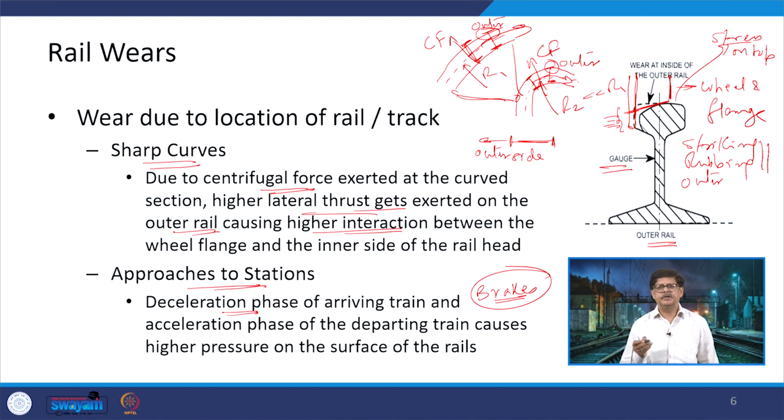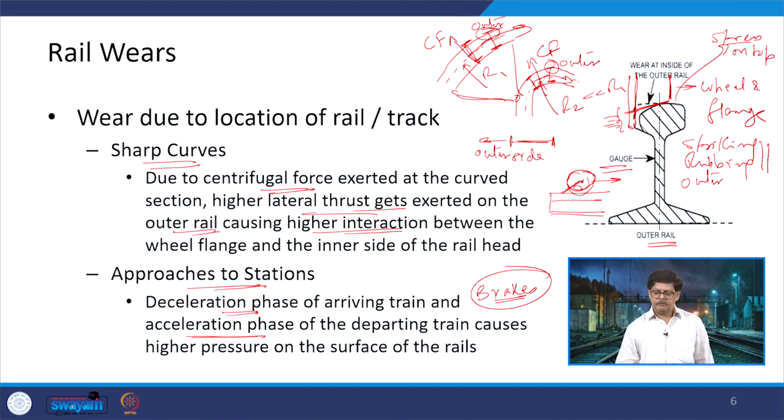Another case is when the train has stopped at the platform and now it is going to start back. So, there will be an acceleration phase of the departing train. When there is an acceleration phase, it means now with respect to the rail and wheel combination, which we have discussed previously also, it has to move forward.